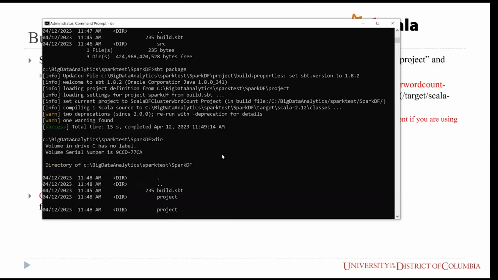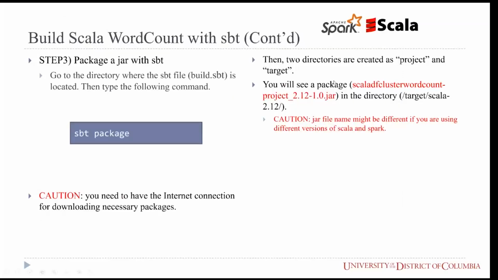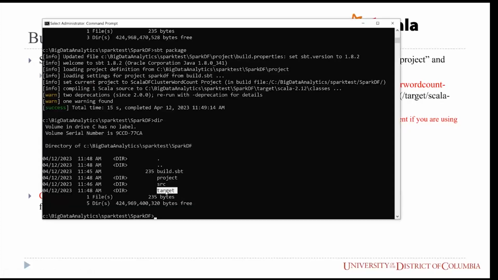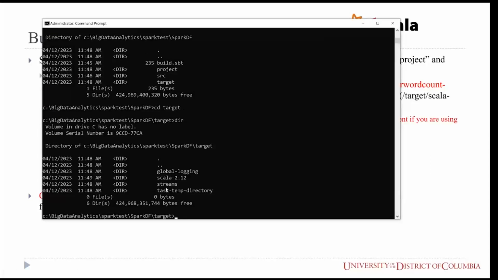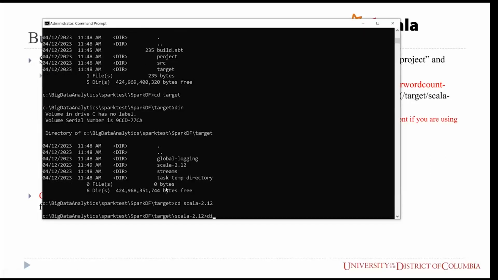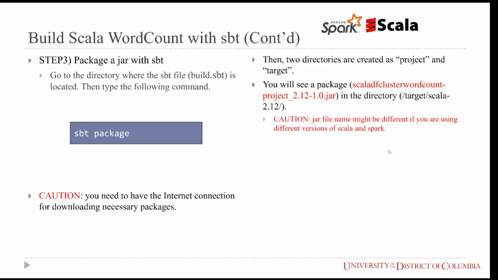Once it's done, it generates additional files: the project folder, which we never created, and target is also generated. Once it properly compiles, you will see the jar file under the target folder, under scala. If you do not have this jar file there, then probably you didn't follow some of the steps.